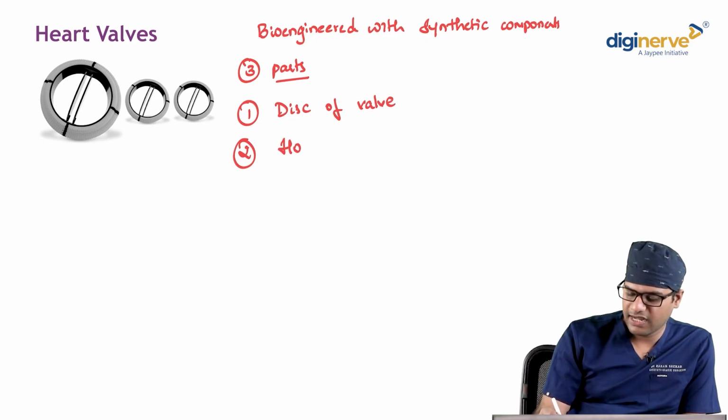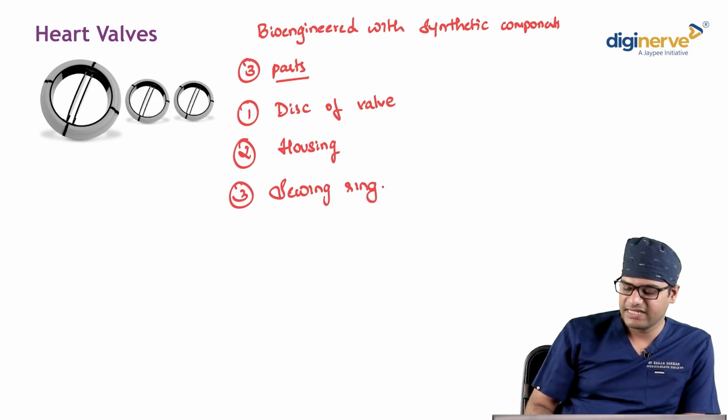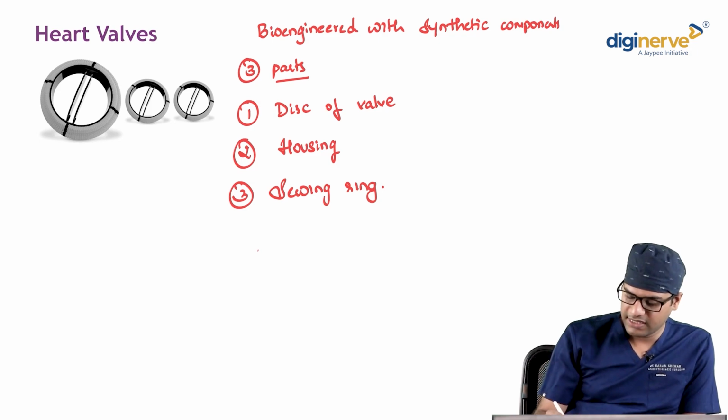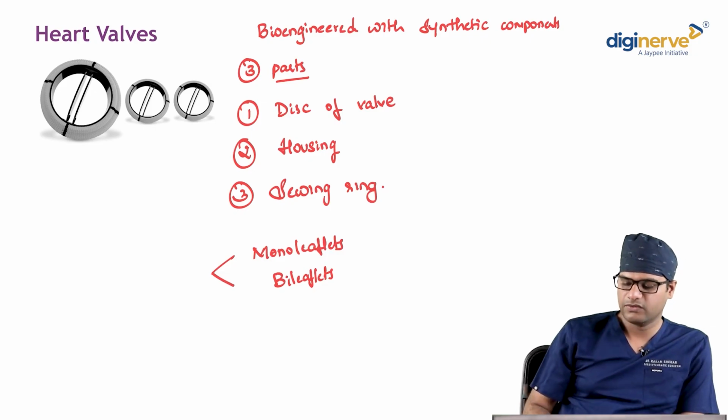Second, the housing of the valve. And third, the sewing ring. Based on these three parameters, we classify the heart valves into two. One is monoleaflet and bileaflet. We'll discuss the two types.